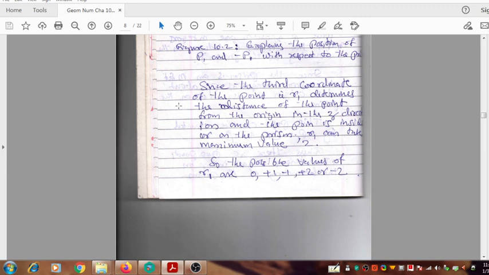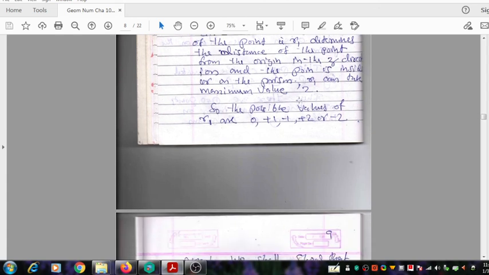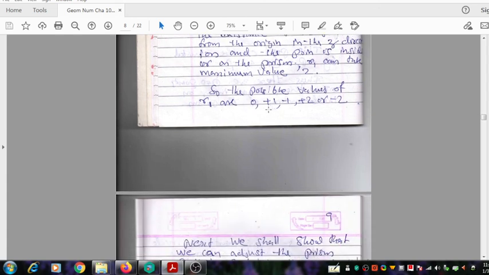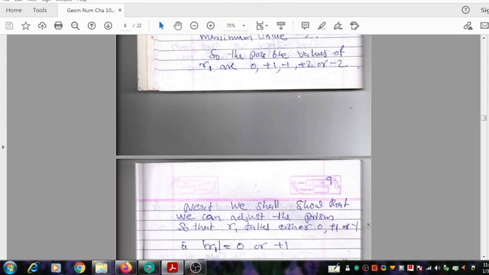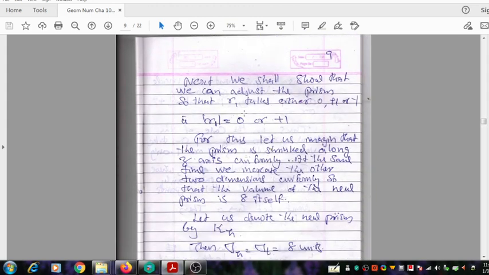So it's actually a repetition, but anyway, let's go through the steps for clarity and for getting continuity. In the z direction, and the point is inside or on the prism, r1 can take maximum value 2. So the possible values of r1 are 0, plus 1, minus 1, plus 2 or minus 2.